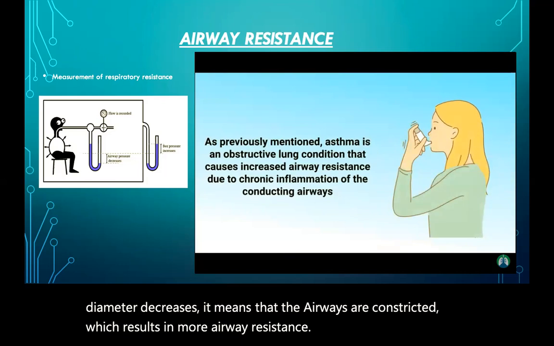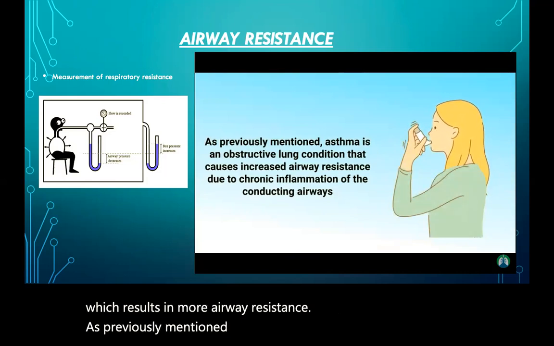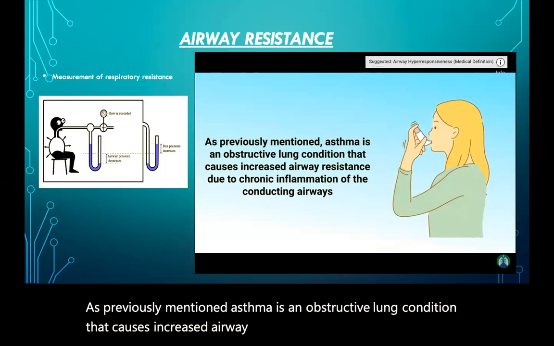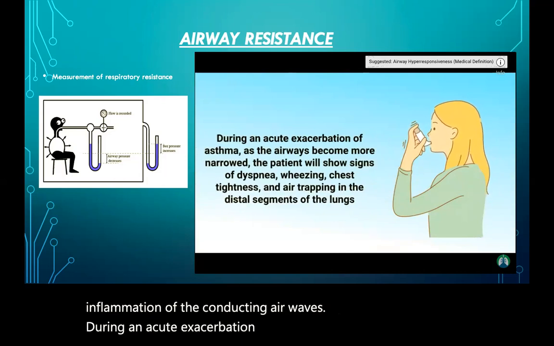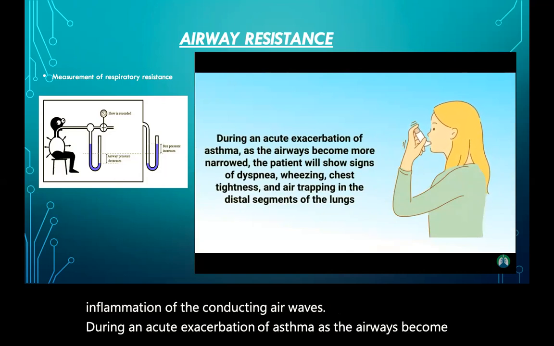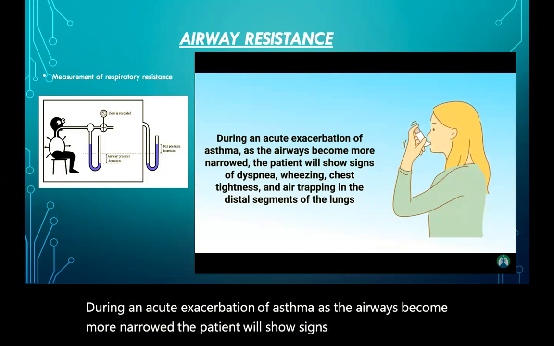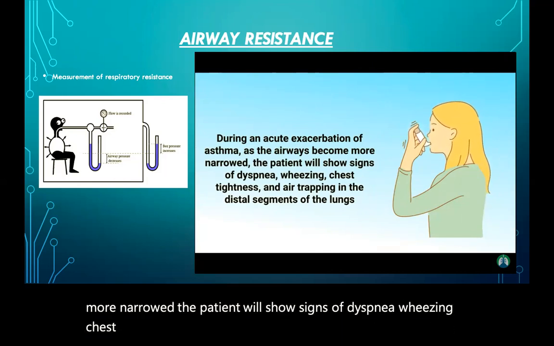As previously mentioned, asthma is an obstructive lung condition that causes increased airway resistance due to chronic inflammation of the conducting airways. During an acute exacerbation of asthma, as the airways become more narrowed, the patient will show signs of dyspnea, wheezing, chest tightness, and air trapping in the distal segments of the lungs.